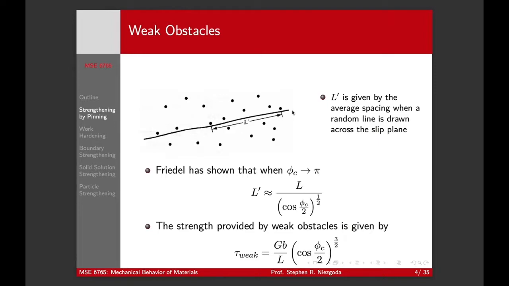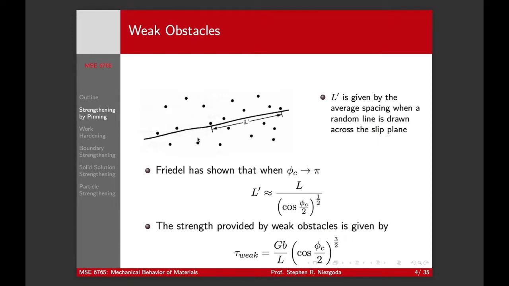So for a dislocation, we can imagine a dislocation line that's pretty straight, right? And if we draw a random line through our sample, the average distance along a given intercept between obstacles is L prime. So that's going to be closer than the nearest distance here. It's just length along a line.